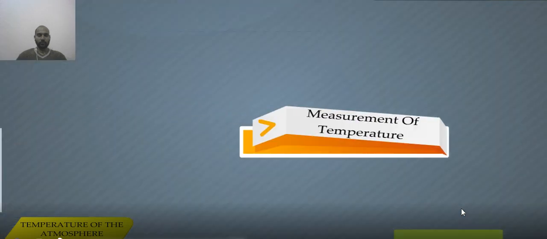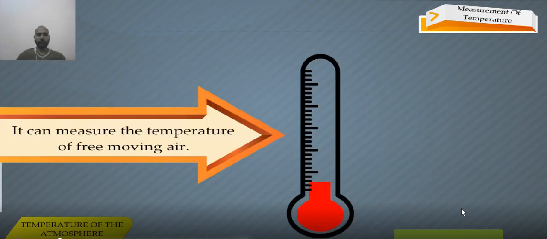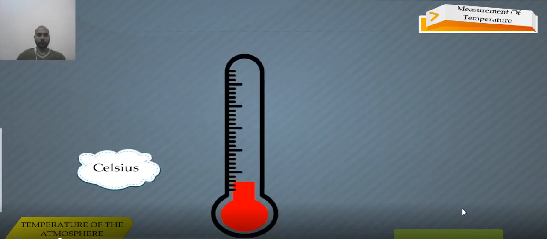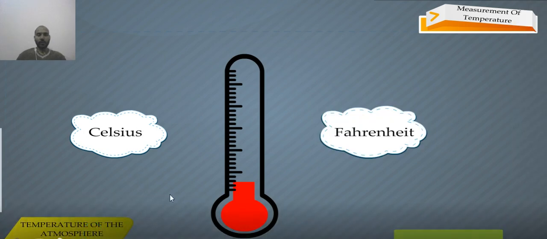Measurement of temperature. Thermometer is the instrument which is used to measure temperature. It can measure the temperature of free-moving air. The two most common temperature scales are Celsius and Fahrenheit. So degree of hotness, we know, is called temperature, and thermometer is the instrument used for measuring that. Now there are different units of temperature, Celsius and Fahrenheit.